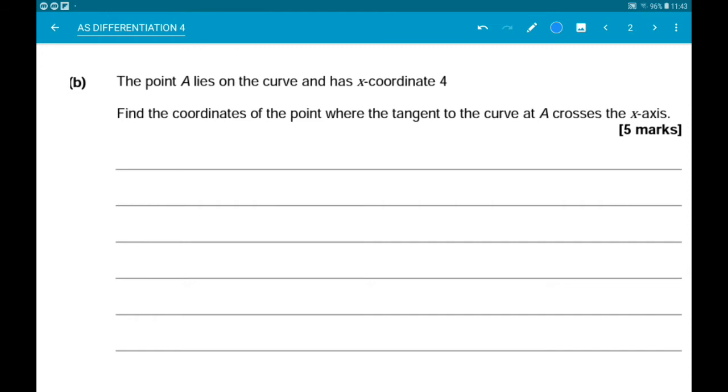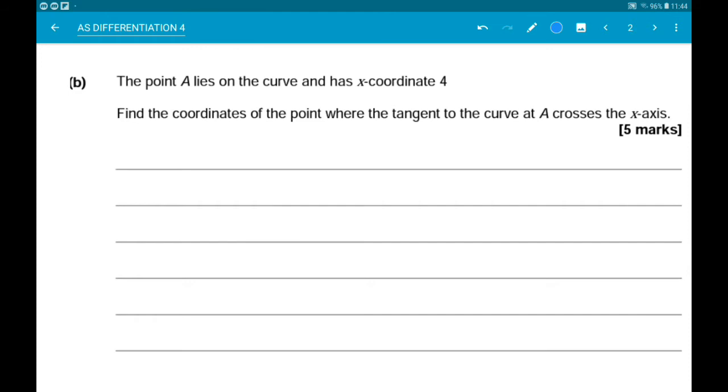To get the equation of the tangent, we need both coordinates of A, and we also need the gradient of the curve at A. So I'm going to start with finding the y coordinate.